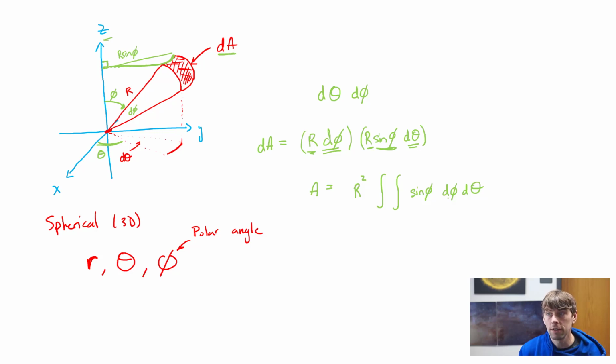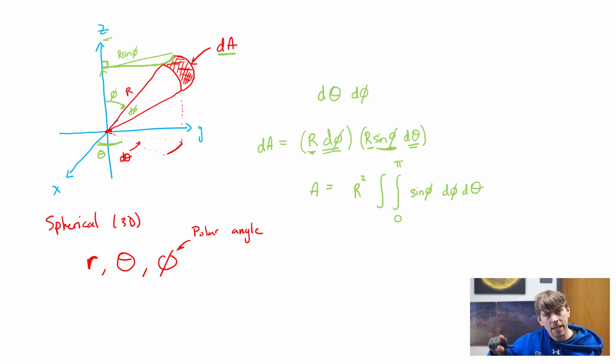Good. So d phi, that is our polar angle. And we notice that the polar angle is 0 when it corresponds to the z-axis, and it can sweep all the way around until it hits negative z. And so we say that polar angle can go from 0 to pi. So imagine taking that radius, say the length of my pen, and that polar angle can go from here and it sweeps all the way down to there.